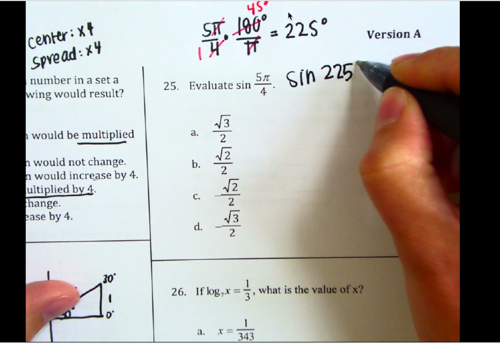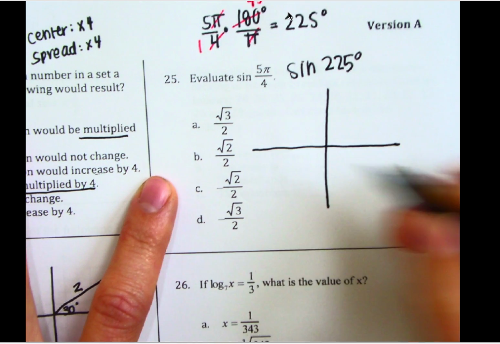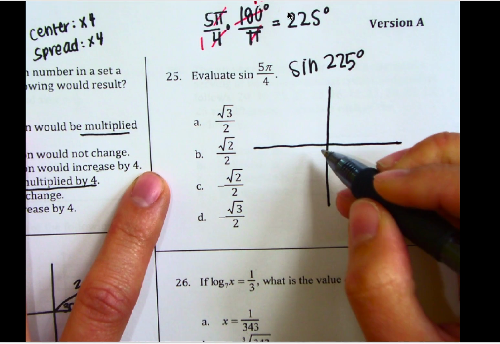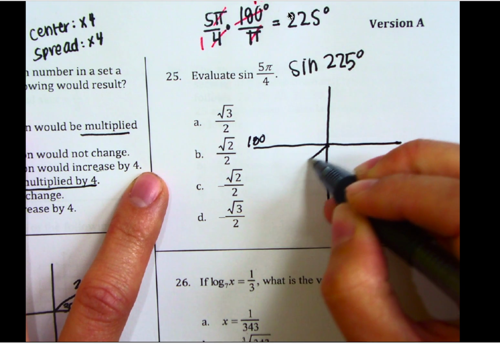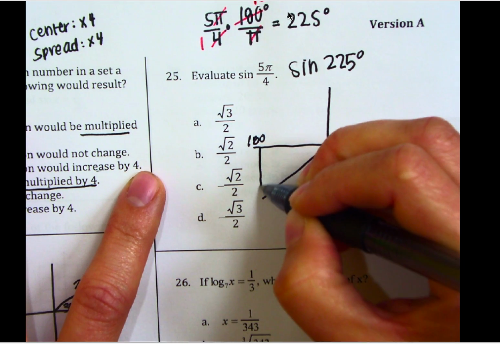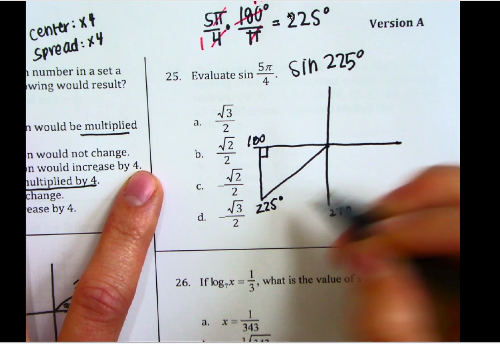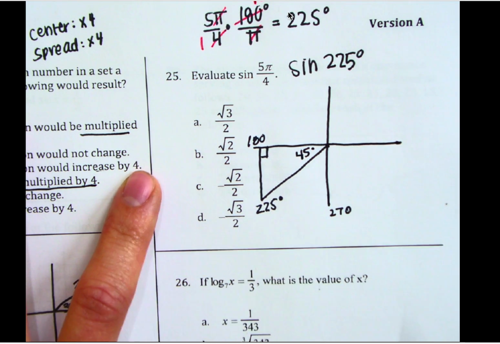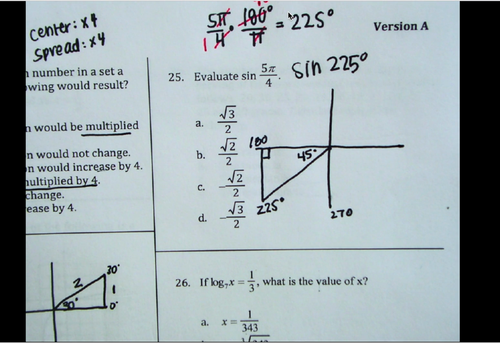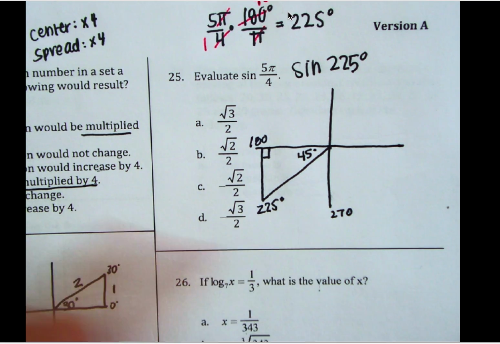225 degrees. So again, I'll try to draw this a little bit better. I'm going to plot 225 degrees. This is 180, this is 270, so it's falling right here in the middle. Draw my right triangle, and my reference angle then is 225 minus 180. It gives us a 45 degree reference angle. So we are looking for sine. We're looking for this y, or the opposite over hypotenuse.